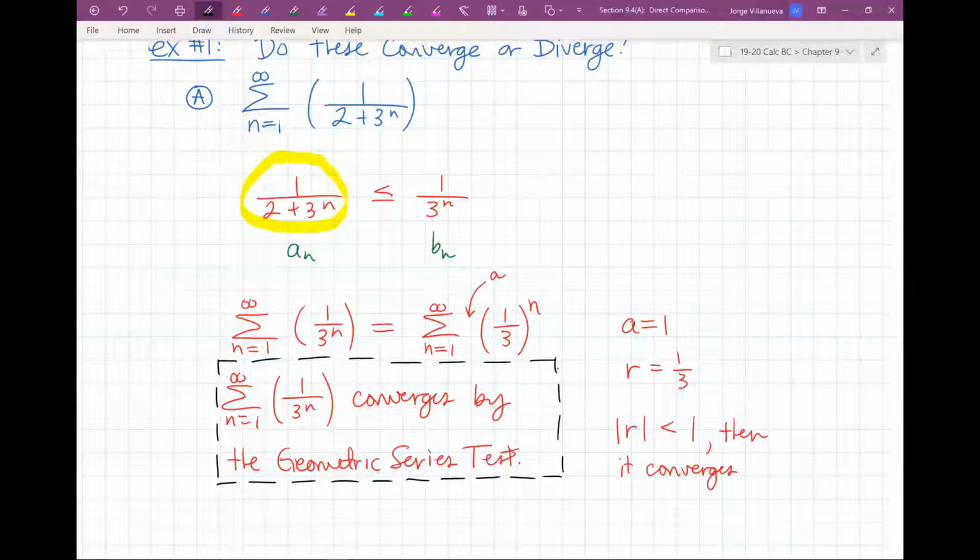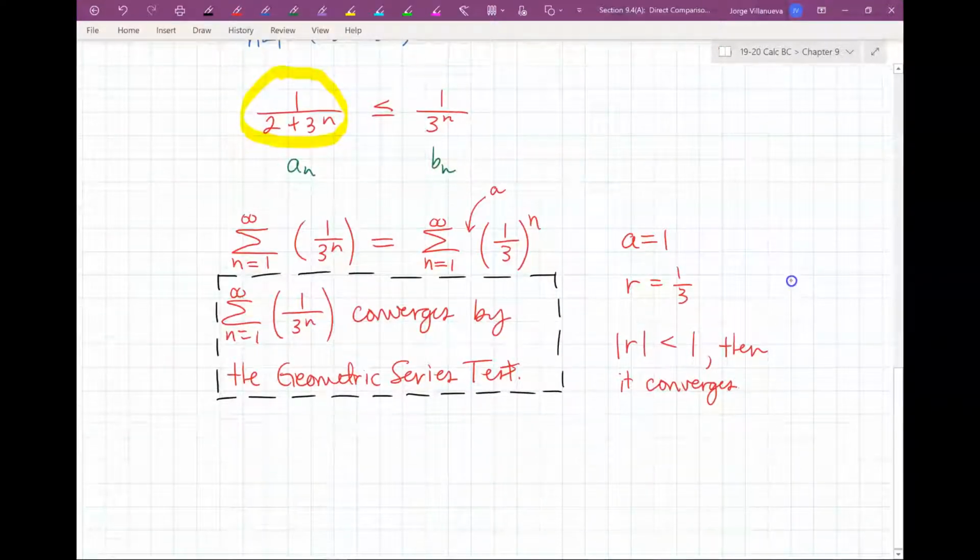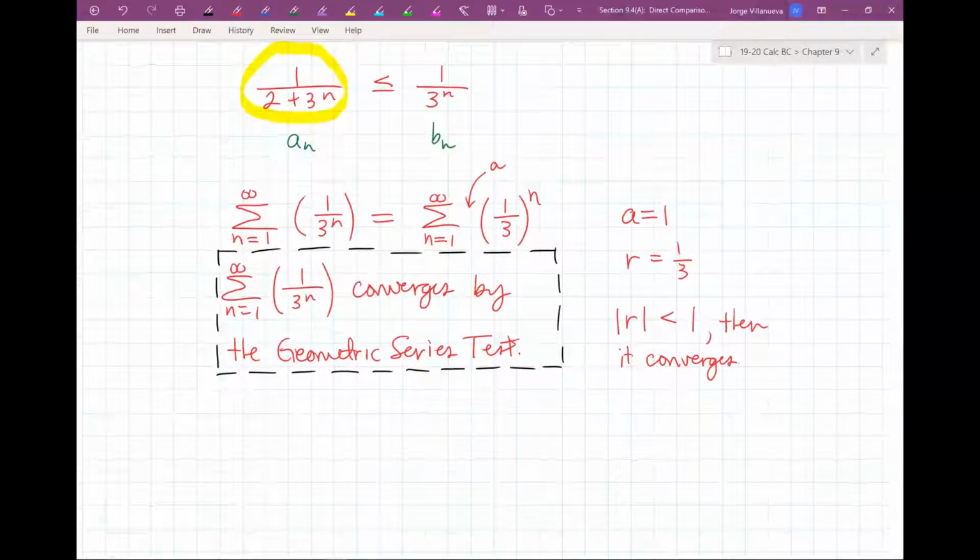Go ahead. Yeah, you do. Can you explain why geometric series converge when the values are less than 1? Oh, it's because if you consistently multiply by a fraction less than 1, what does it do to any number?